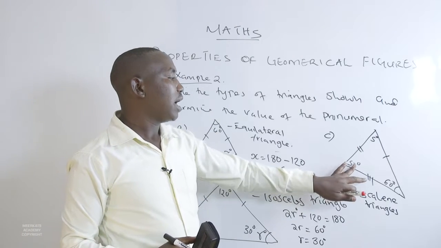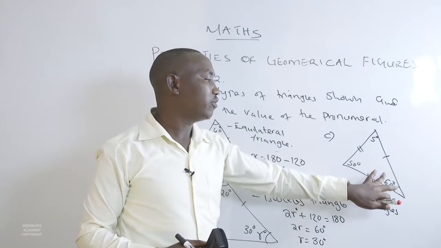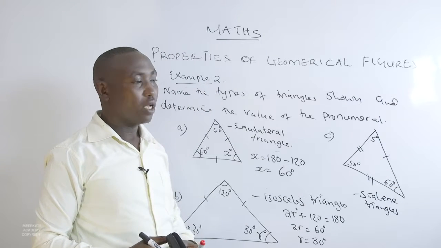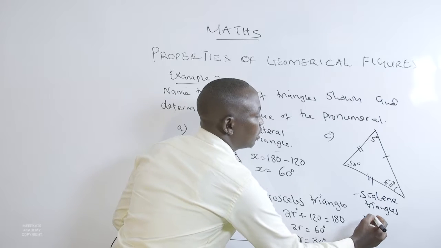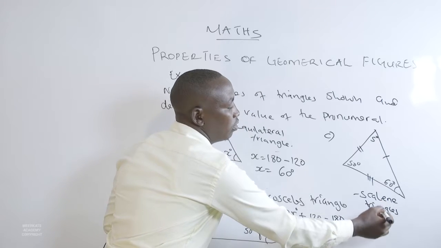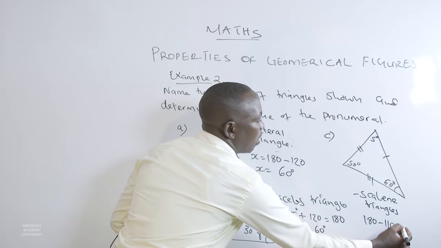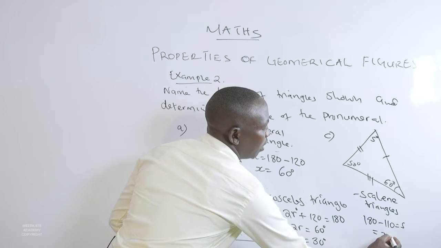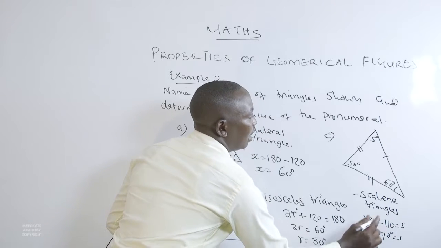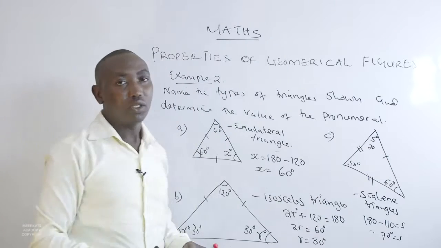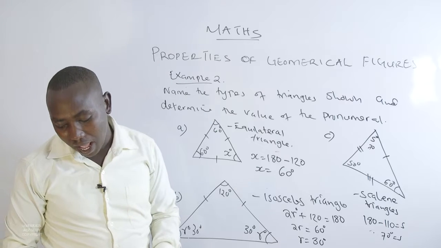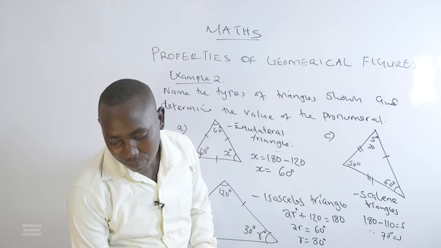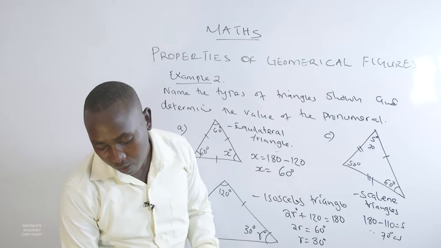And this side is 50, this is 60, and that is S. So for us to get the value of S, we subtract the two from 180, and this will give us that S is 70 degrees. So you clearly see that all the angles are not equal.